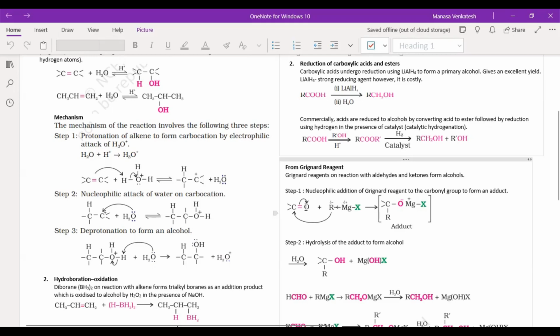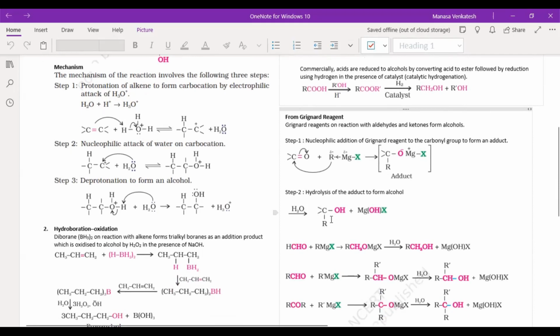In a carbonyl compound, oxygen is more electronegative than carbon, so carbon has a partial positive charge and oxygen a partial negative. The negative part of the Grignard reagent, that is R, is going to attack this carbon atom, and this bond shifts towards the oxygen, which gives us the adduct. The adduct then undergoes hydrolysis to give us an alcohol and MgOH.